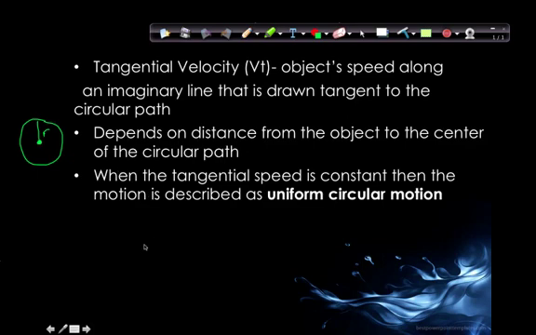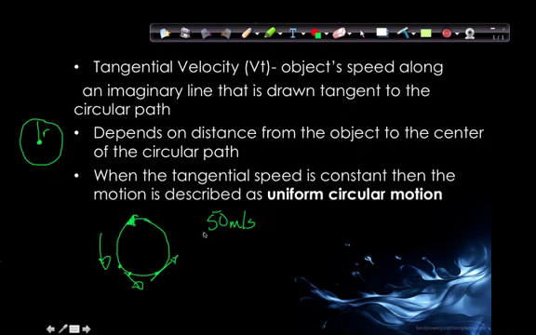So when you have something that's moving in a circle like this, let's say that we have a racetrack, and somebody is traveling in this direction along the racetrack, and they are moving with a speed of 50 meters per second. Along this circle, the direction will be constantly changing. Since the direction is constantly changing, the velocity is changing as well.